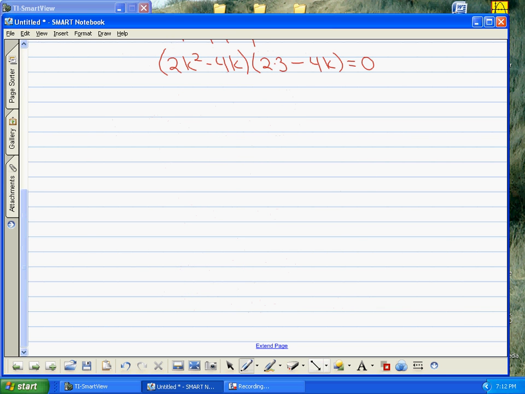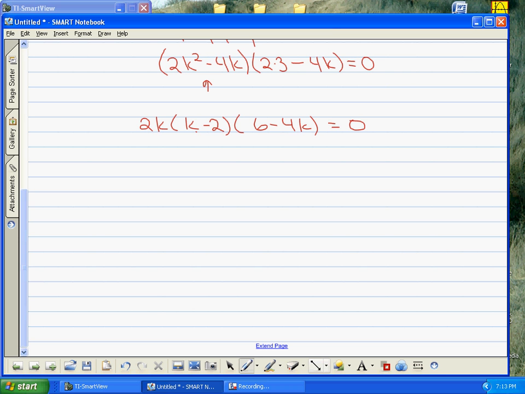Giving myself some more room, I could factor this right here, take out a 2k. 2k, and we have k squared minus 4, actually not minus 4, but k minus 2, times 6 minus 4k, that equals 0.